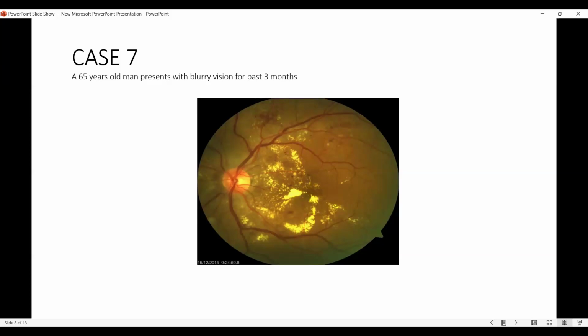In ocular investigation, I would like to do an optical coherence tomography to document the macular edema. So in this case clinically there is significant macular edema. So my management would be to go for intravitreal anti-VEGF agents.